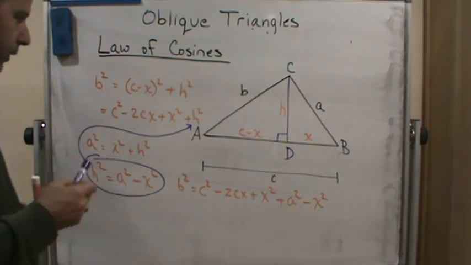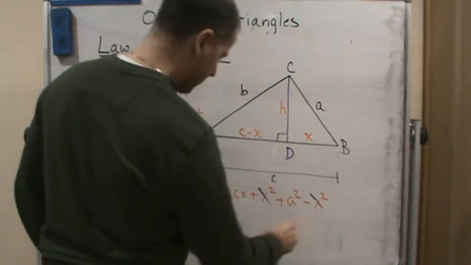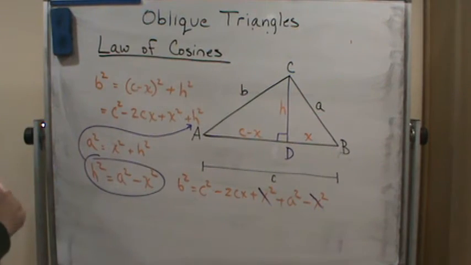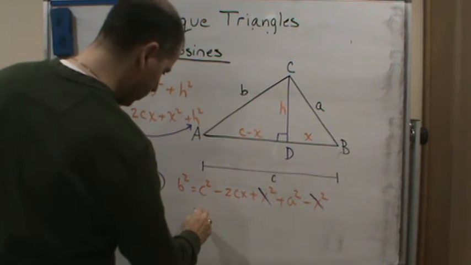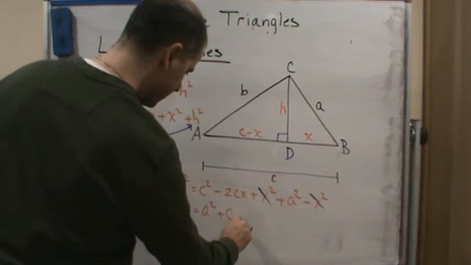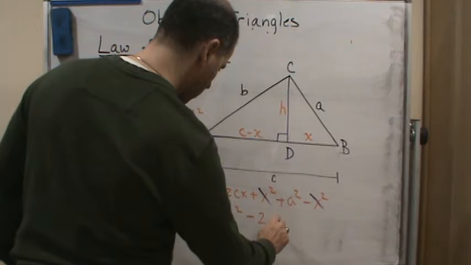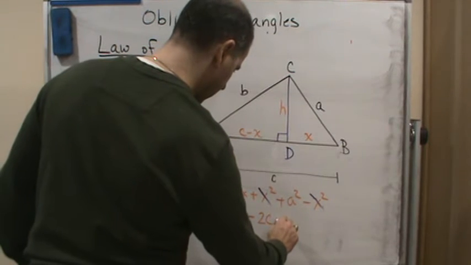Okay, so now what happens? This cancels with this. All right, good. Now we end up with b squared is equal to a squared plus c squared minus 2cx.